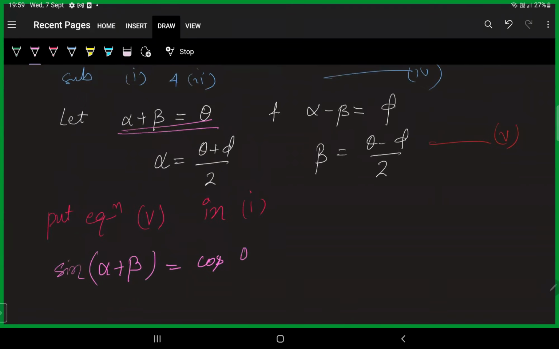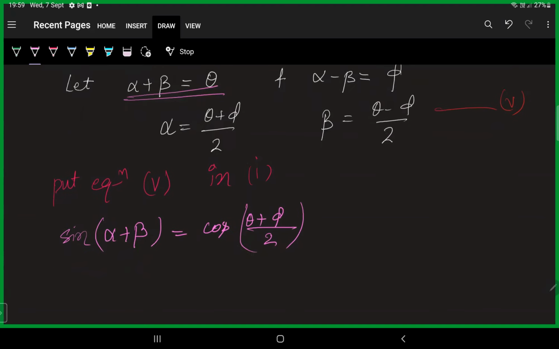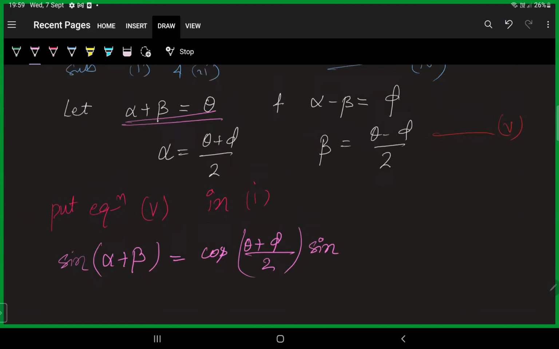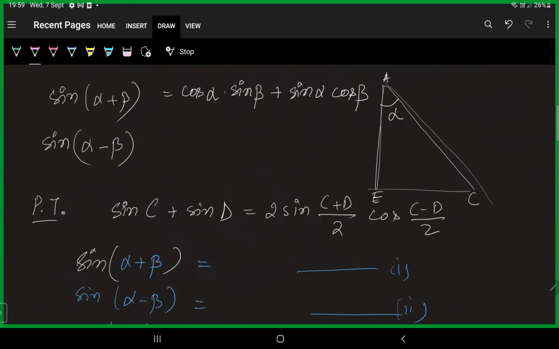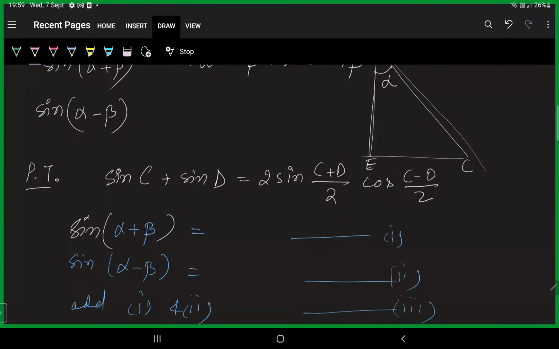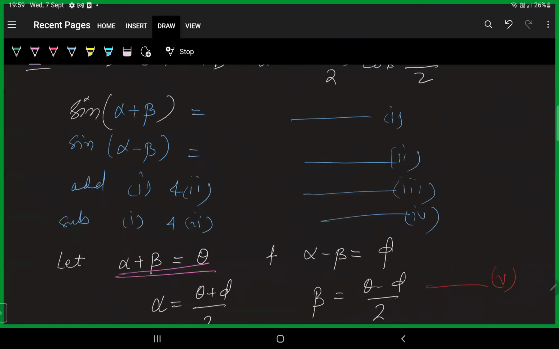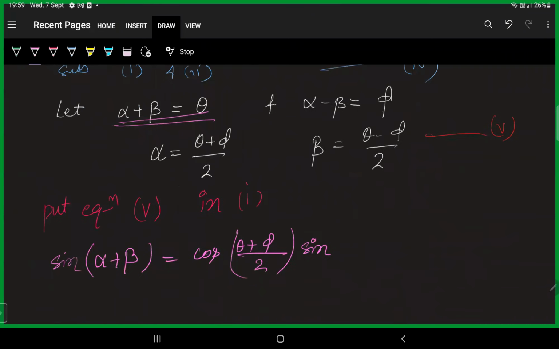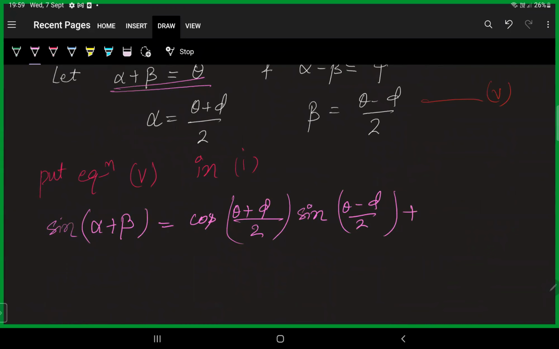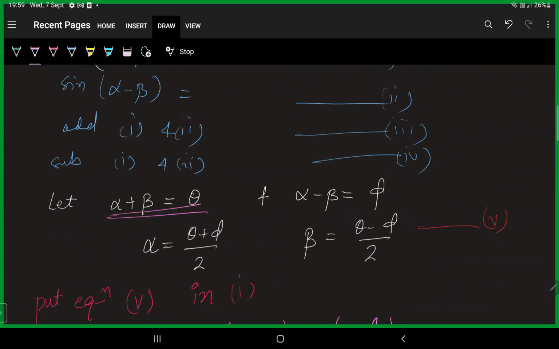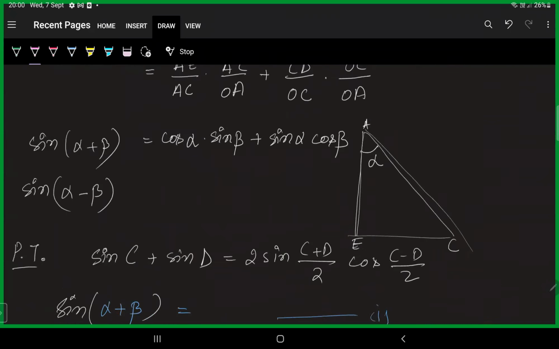Alpha is theta plus pi by 2. And sine beta, right? So beta is theta minus pi by 2, plus sine alpha cos beta.